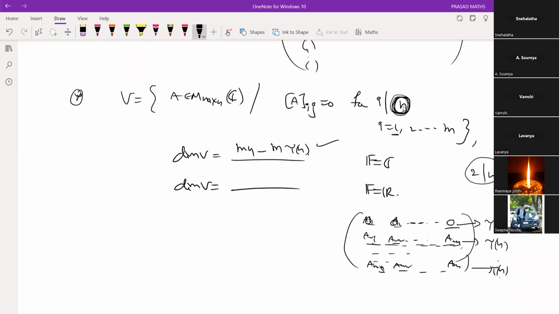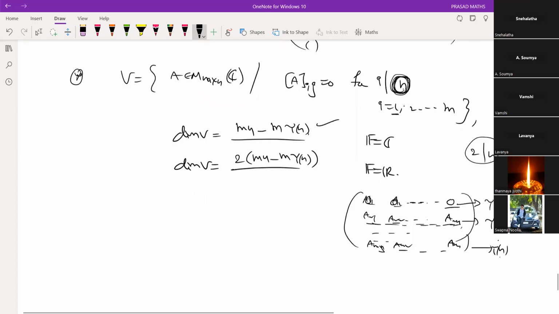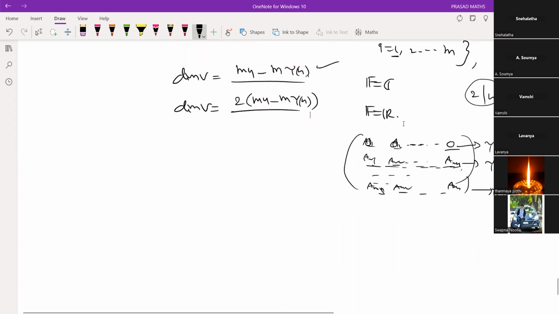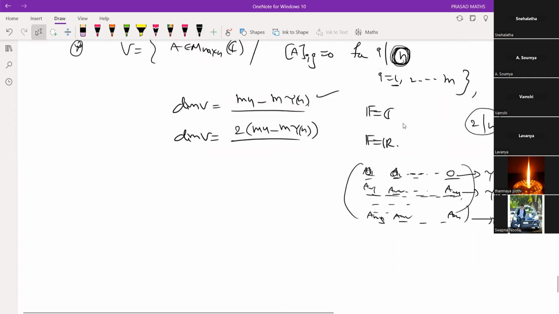So over real field అంటే 2 తో మల్టిప్లై అయింది సార్. Is it clear? So this is very interesting example, very nice example. Divisors ఎన్ని ఉంటే అన్ని యాక్చువల్ గా మనకి రెస్ట్రిక్షన్స్ వస్తాయి.